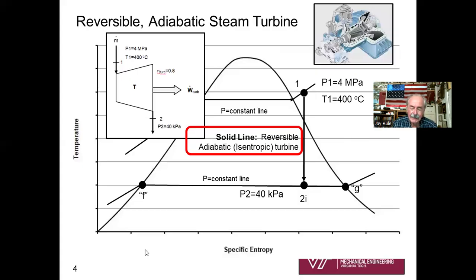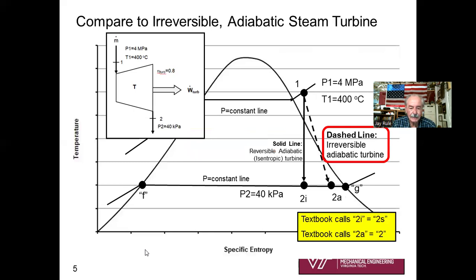Okay. Now let's say that I said, oh, well, wait a minute. The turbine is still insulated, but there's some things going on with the turbine blades that make it irreversible. So there's some unrestrained expansion going on in this particular turbine design. And so we don't have an isentropic turbine.